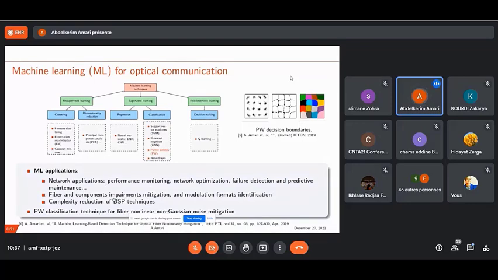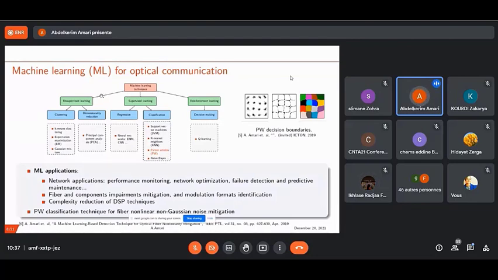As I mentioned previously, for these nonlinear compensation techniques, because they are still complex for real-time implementation, machine learning has been used to reduce the complexity of techniques like digital backpropagation and perturbation-based nonlinear compensation. Here we have an overview of machine learning techniques.